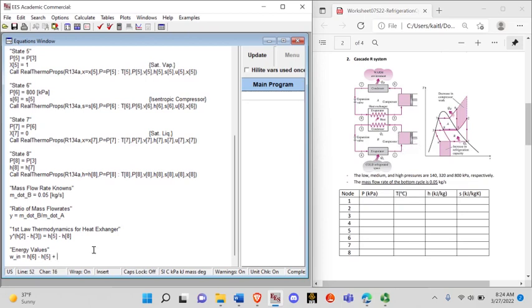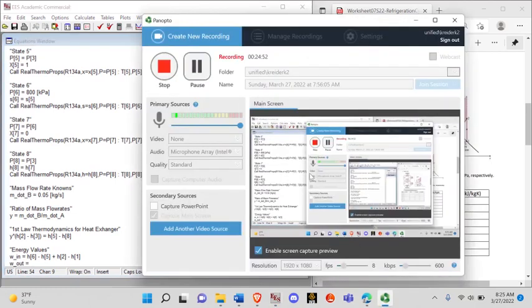So this is going to be H2 minus H1. Specific work out is going to be 6 to 7 and 2 to 3, I believe.